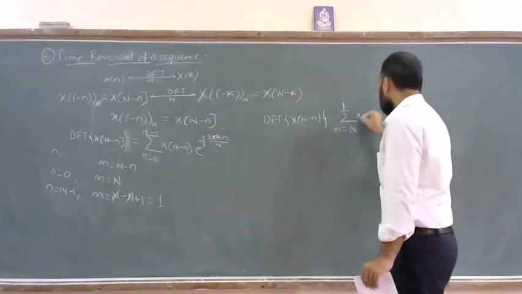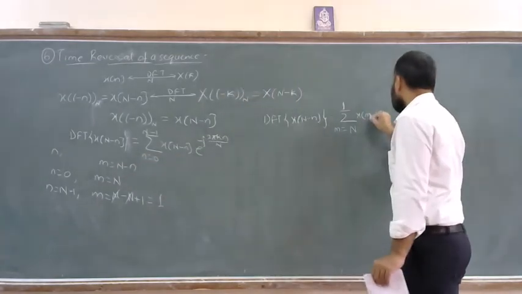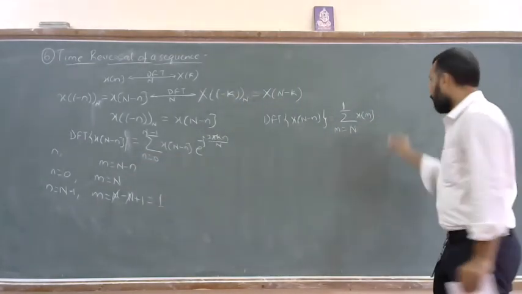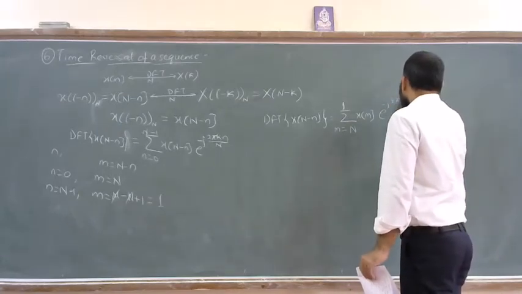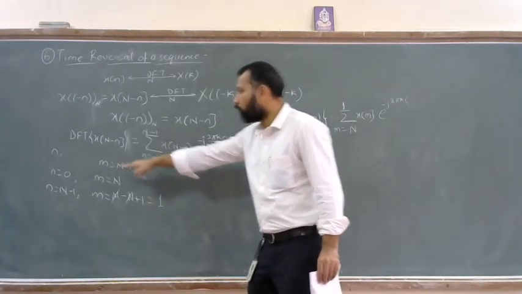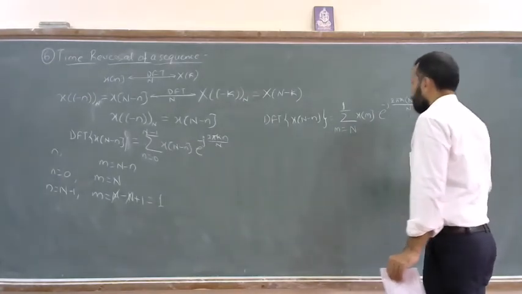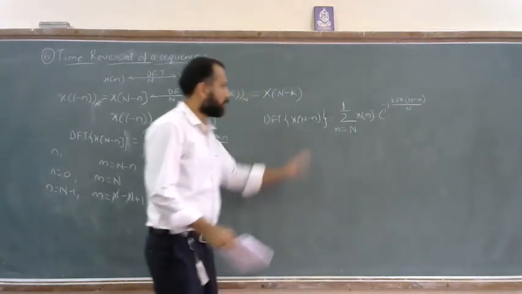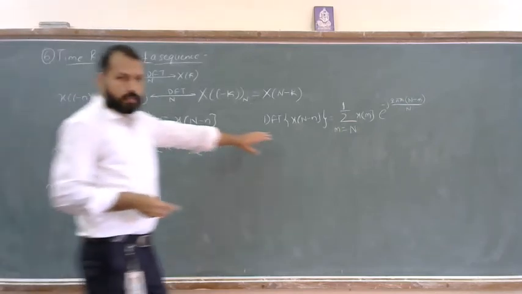And instead of this N minus n, we have used m, so we'll write x of m. And in the exponential, e to the power minus j 2 pi k, n will be equal to (N minus m), whole divided by N. This will be the expression. Did you all understand this?